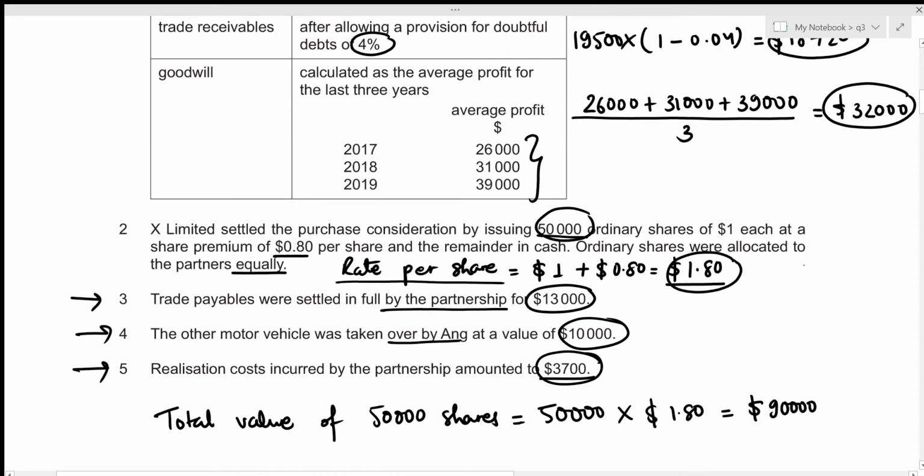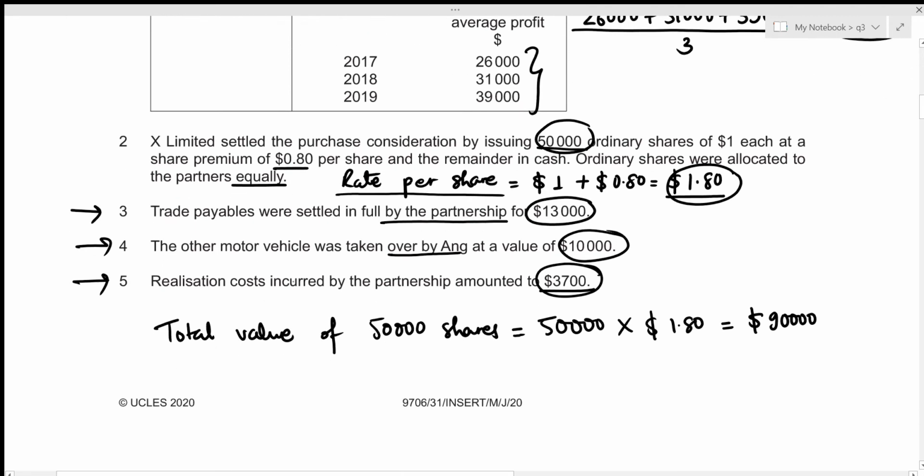Okay. Then we are also told that ordinary shares were allocated to the partners equally, meaning that half of 90,000 is allocated to Ang and half of 90,000 is allocated to Kim. So we know that half of 90,000 is 45,000. So 45,000 belongs to Ang and 45,000 belongs to Kim. So this is given as a settlement, right?